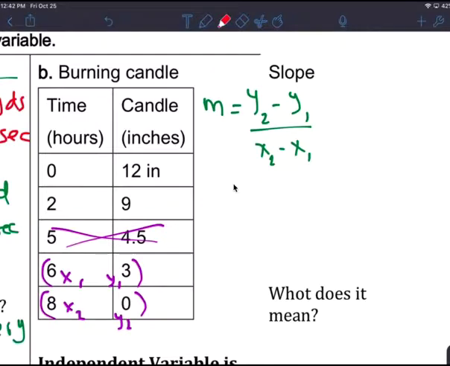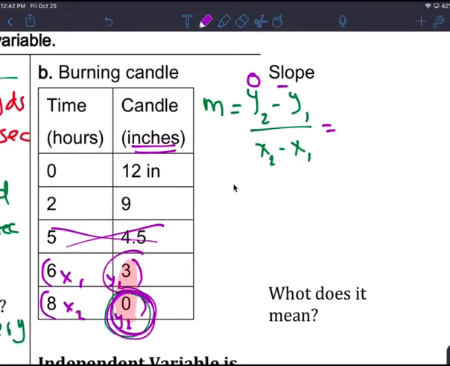Y sub 2, it's not 3 minus 0. It's y first, sub 2. So it's 2 minus 0, and that's inches. I'm sorry, I'm looking at the wrong one. Okay, y sub 2 is 0 right here.